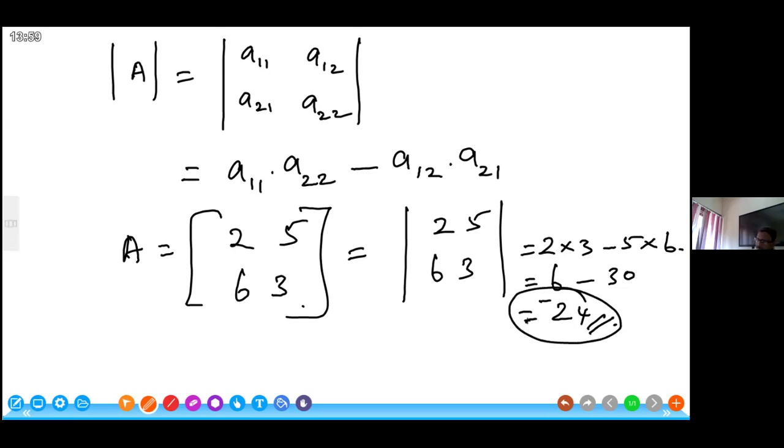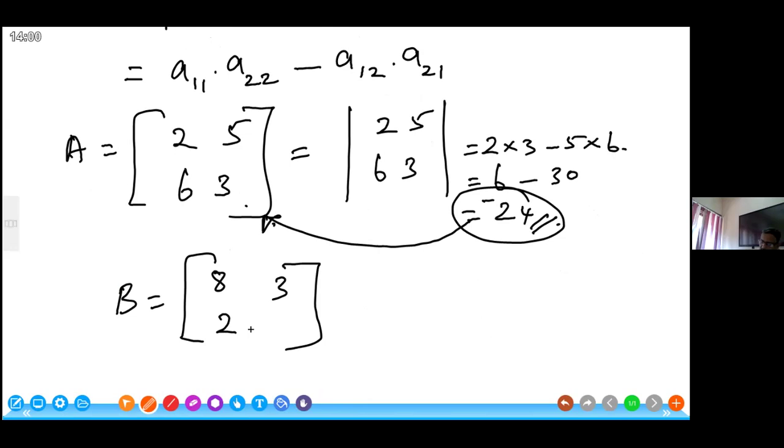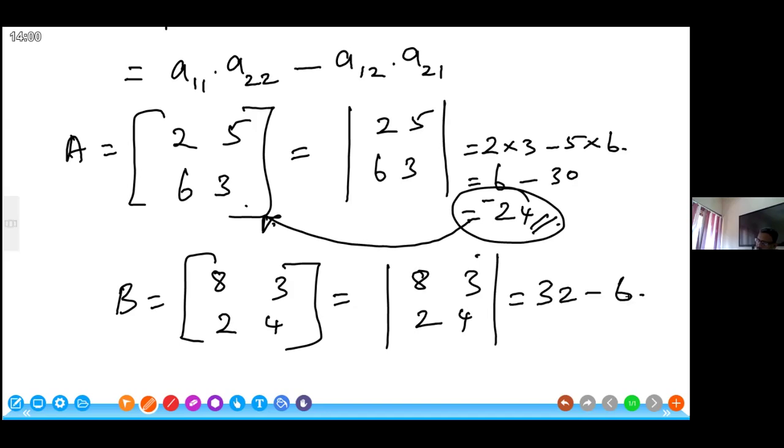This is what we call the determinant of this matrix. Is it clear? So, a 2 into 2 matrix.